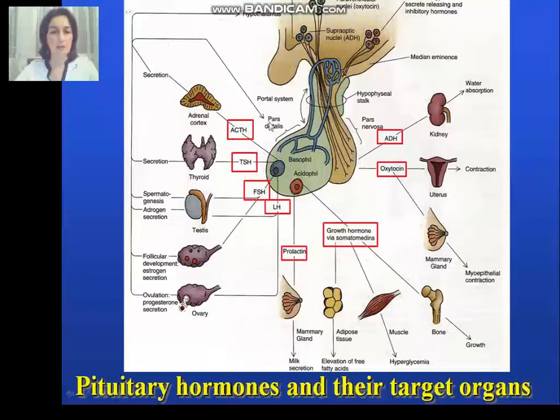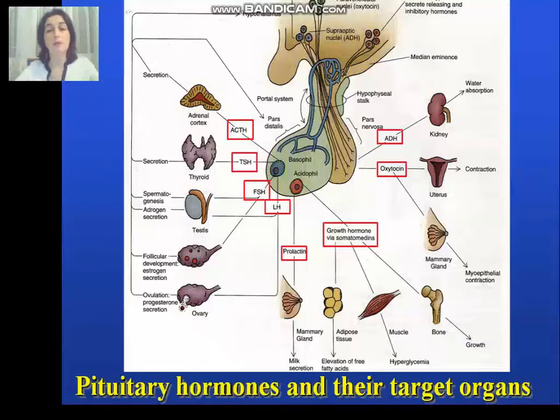From the basophils, we have to mention first of all the cells which produce adrenocorticotropic hormone. Actually, adrenocorticotropic hormone initially is produced as a large peptide, as I mentioned, pro-opiomelanocortin. When this large peptide breaks down, lipotropic hormone, melanocyte stimulating hormone, and adrenocorticotropic hormone are released from it.